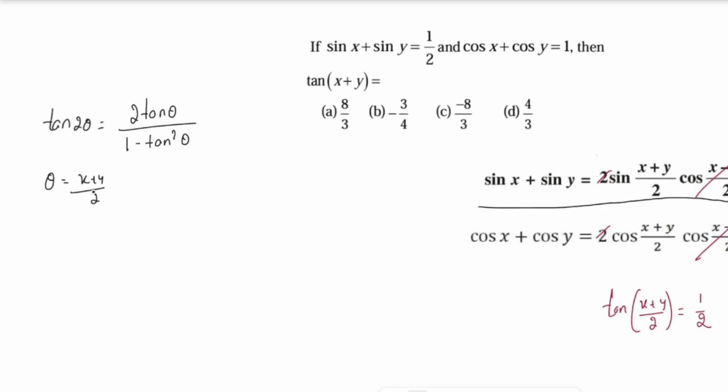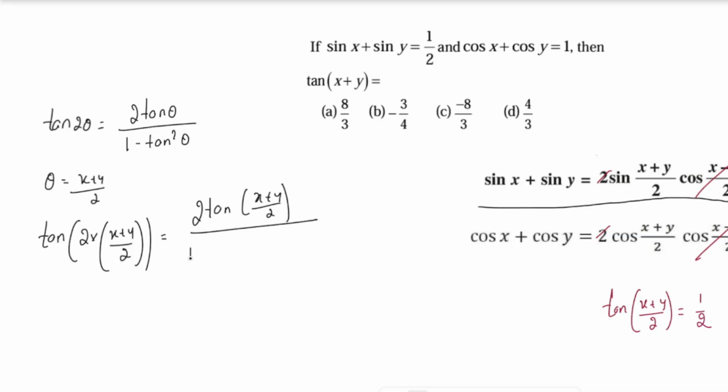That is the reason I am replacing theta by x plus y by 2. So tan of 2 into x plus y by 2 is equal to 2 tan of x plus y by 2 whole divided by 1 minus tan square of x plus y by 2. On the left hand side, 2 and 2 get cancelled out, and the left out element is tan of x plus y. This is what we have to find.